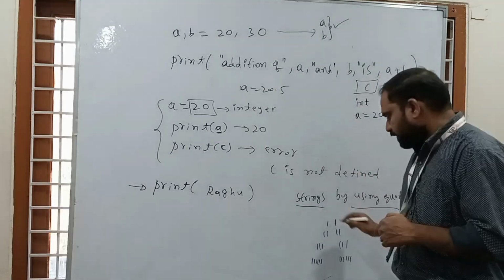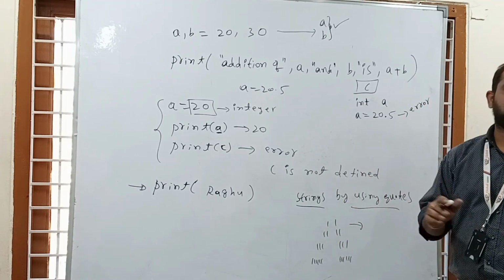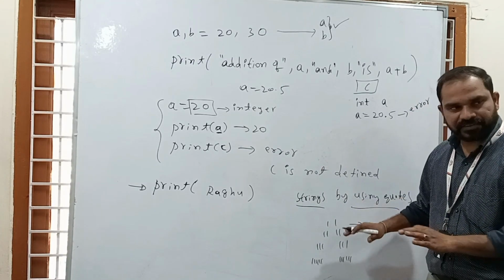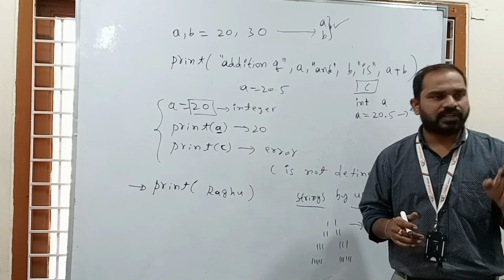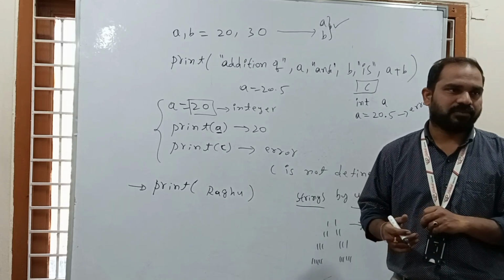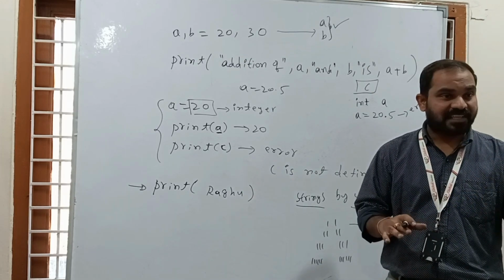Then this is called a string data type. Now your interpreter can identify this particular text as a string. Without using quotations, you cannot use text in Python. The interpreter cannot recognize that as a string.